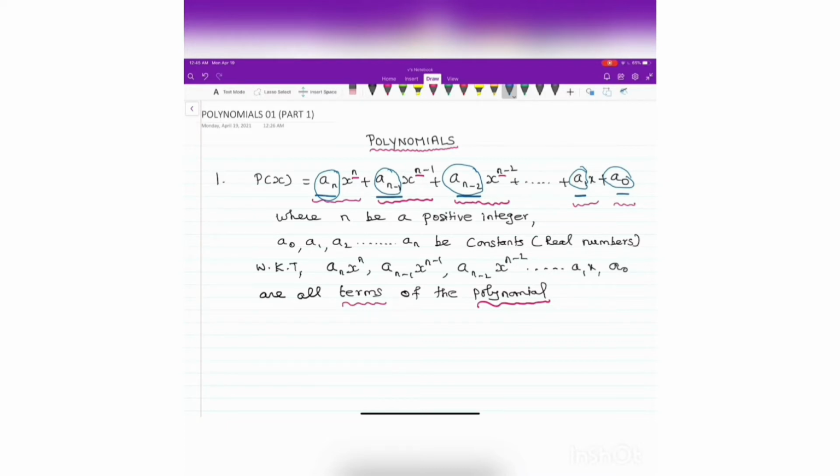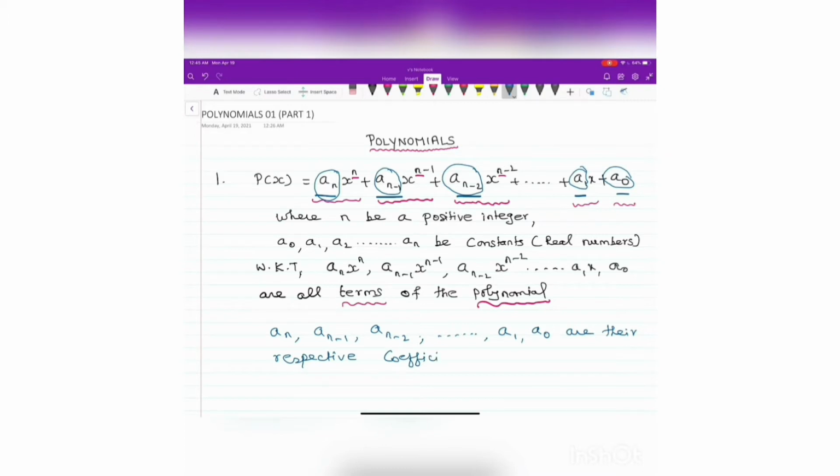So an, an minus 1, an minus 2, then dot dot dot, a1, then a naught, are their respective coefficients. This word respective is very important.